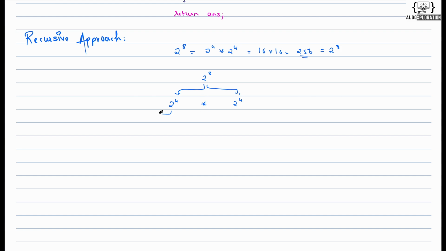Similarly, for 2 raised to the power 4, this will be 2 to the power 2 and 2 to the power 2. Same goes for this. And for 2 to the power 2, it will be 1 by 2, that will be 1. We are taking the integer value.